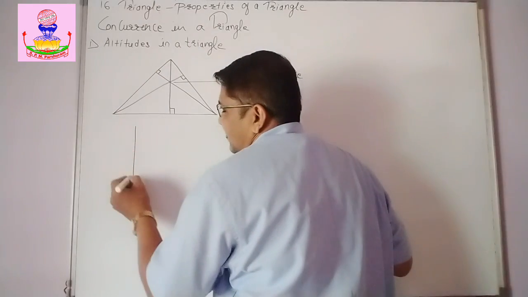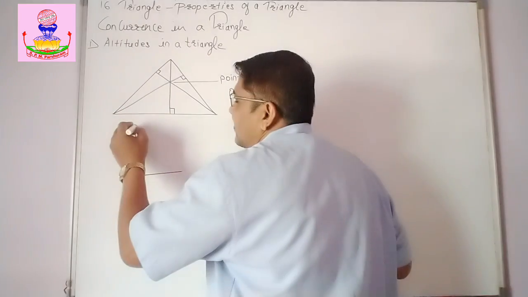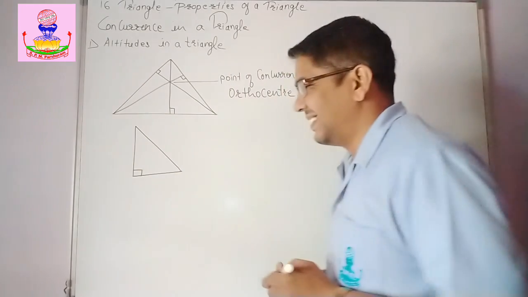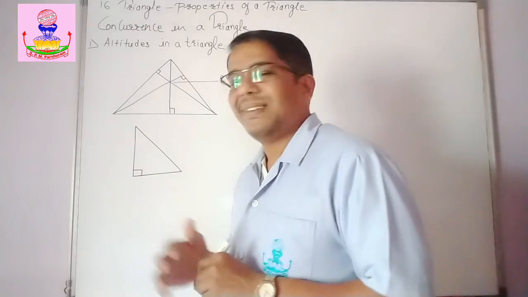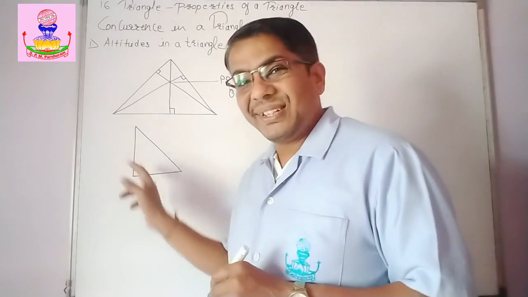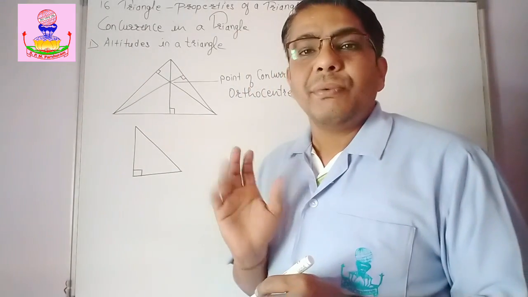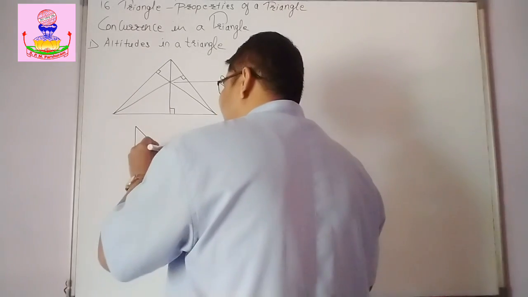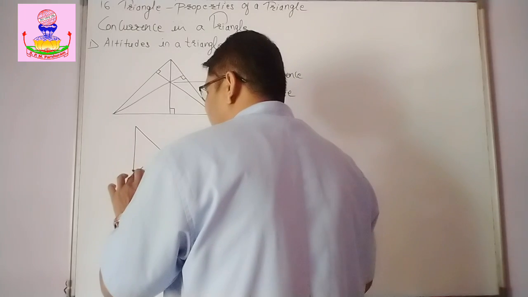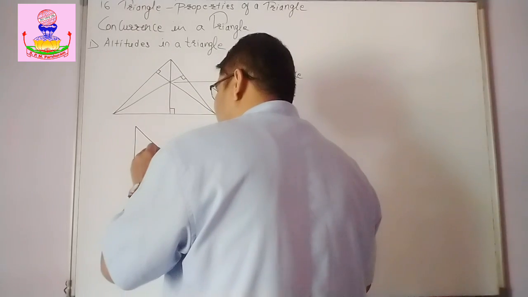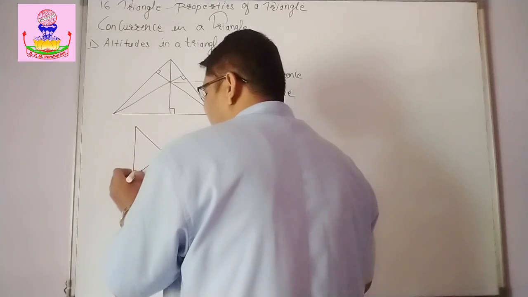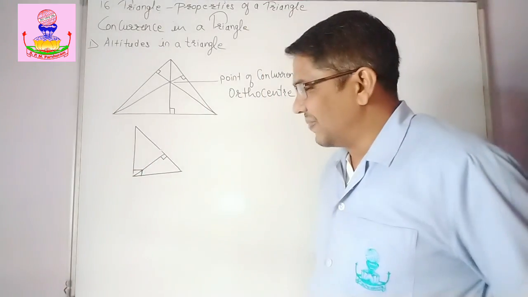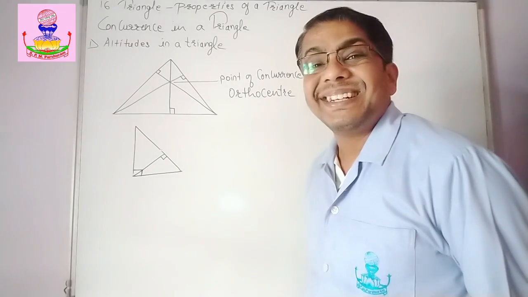Now let us check for a right angle triangle. Now this is the right angle, am I right? Now if this is the right angle, both these are altitudes of the triangle. Where is the third? Drop the third altitude from here, like this. Now this becomes the third altitude.